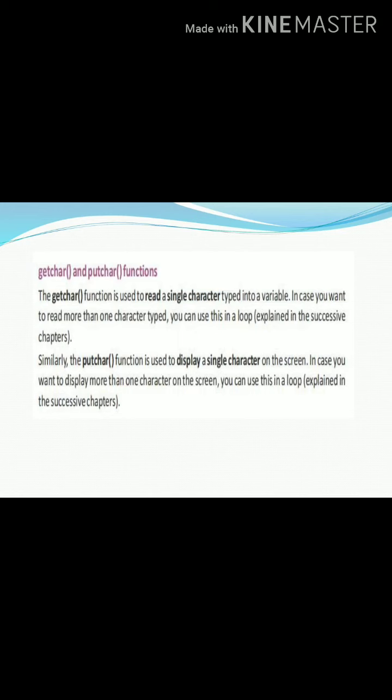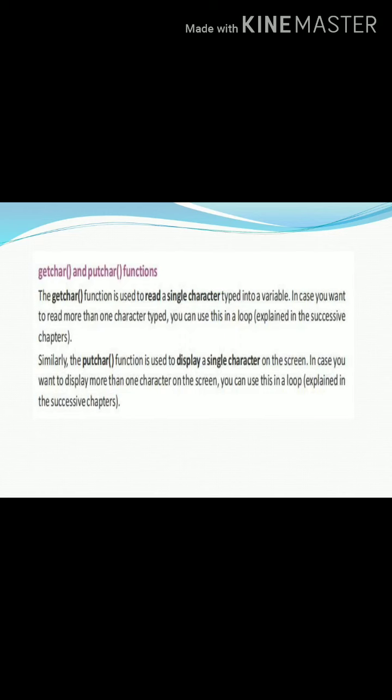I'll give you one example: a program to accept a single character and display a single character. When you accept a single character from the keyboard and want to display it on the screen, let us start with the example. #include <stdio.h>, then #include <conio.h>, then void main, which is a function.